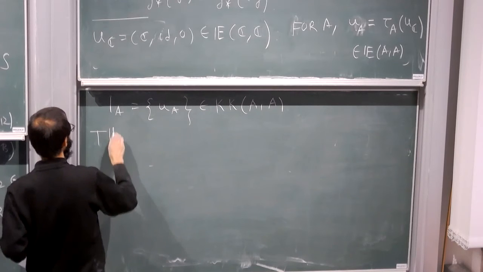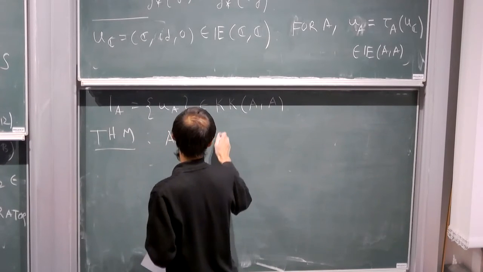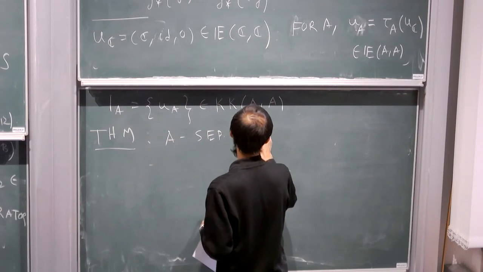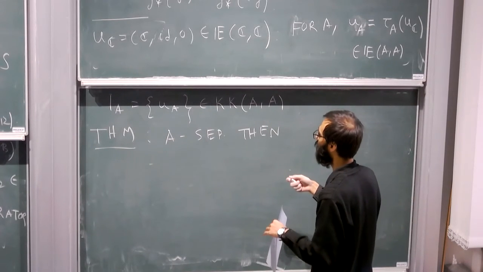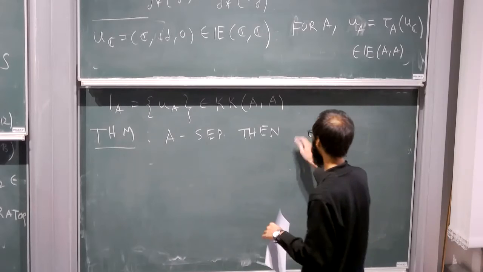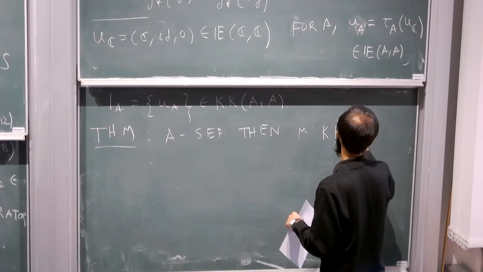Now the theorem: if A is separable, then it says that KK hat AB and KK AB is an isomorphism. It gives you the precise map, which was the map initially defined.